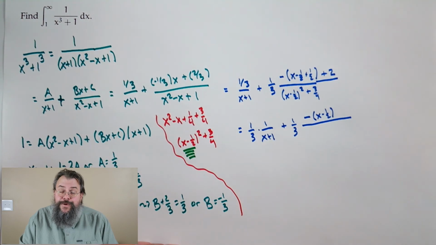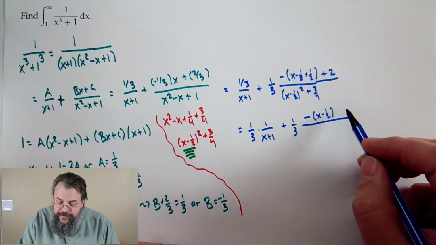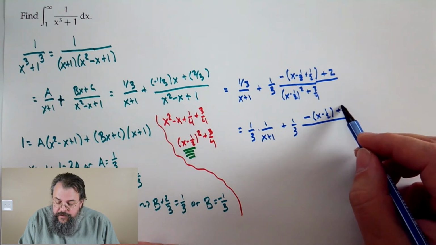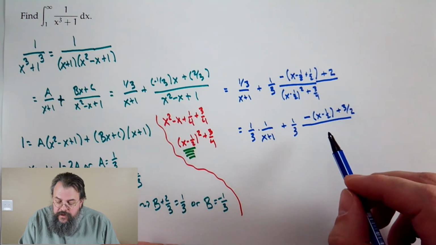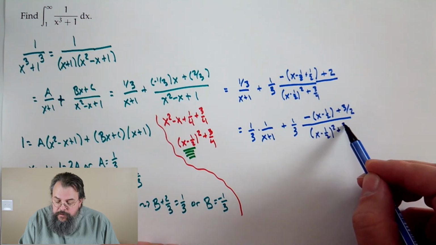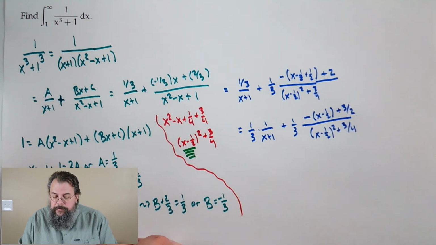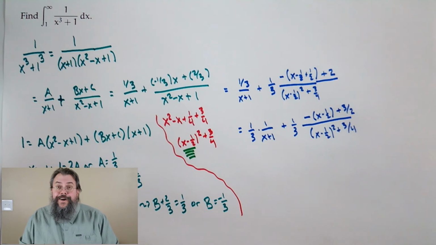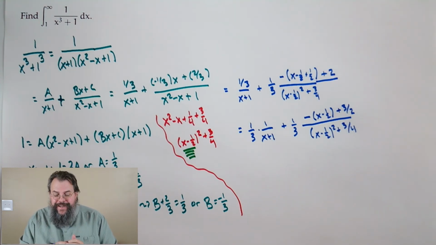Minus a half plus 2 would be what? 3/2. So plus 3/2. And that's over x minus a half squared plus 3/4. All right. Well, this is actually good. We're doing great. And I know it feels very strange, but we're making good progress.